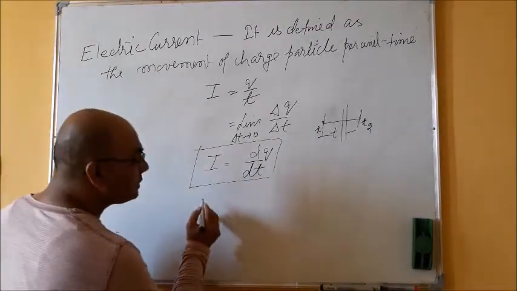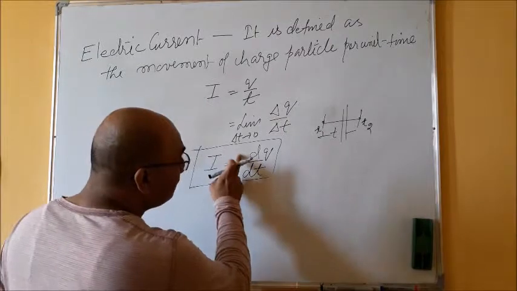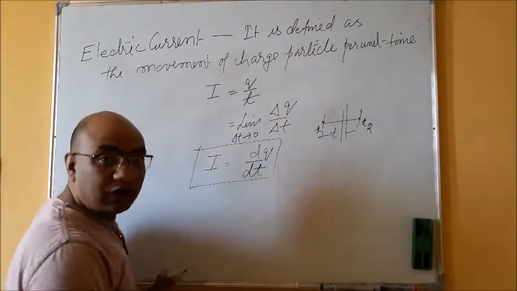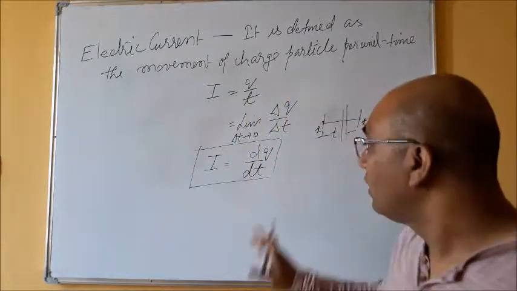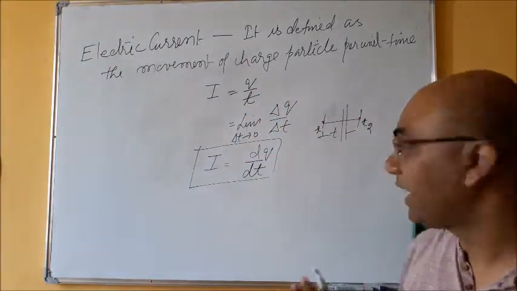What is dq upon dt? It is the change in charge with respect to time.